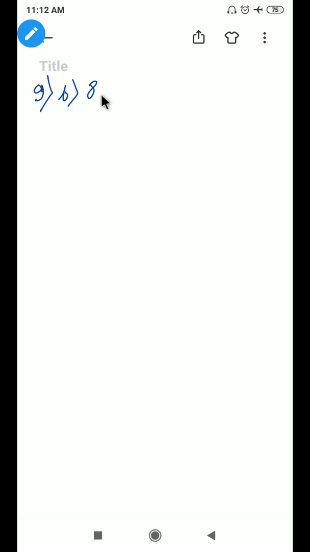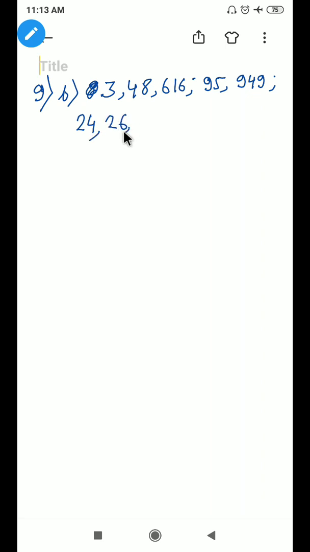Here are given 3,48,616; the second number 95,949; the third number 24 crore 26,000; then 26 lakh 16,800; and the last number 88 lakh 95,919.